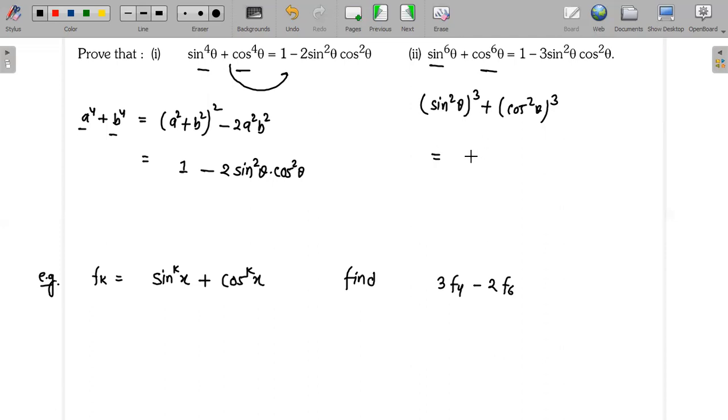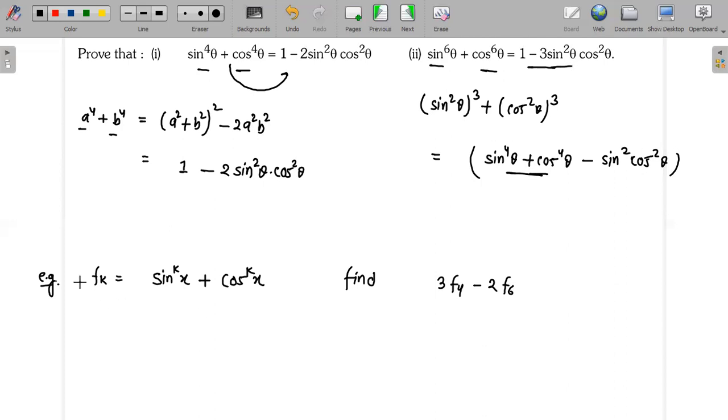It is a plus b, which will give you 1, then a square plus b square, that is sine to the power 4 theta plus cosine to the power 4 theta, minus a square b square. Now sine to the power 4 plus cosine to the power 4 is something we have already derived, so put the value of this expression there. There you go. You will end up getting the relation 1 minus 3 sine square theta cosine square theta.